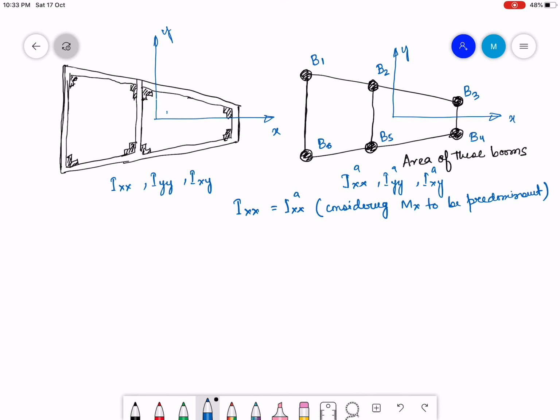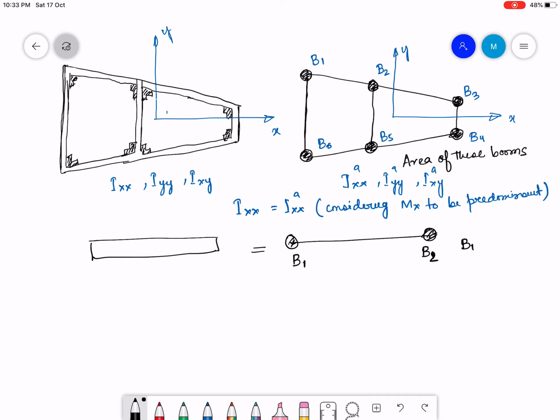In the previous case, you have seen that if I have a horizontal flange, and if I have to replace this flange by two booms, then the areas of these two booms, B1 and B2, are B1 equal to B2 equal to half of LT. That is what I have just said in the last example.